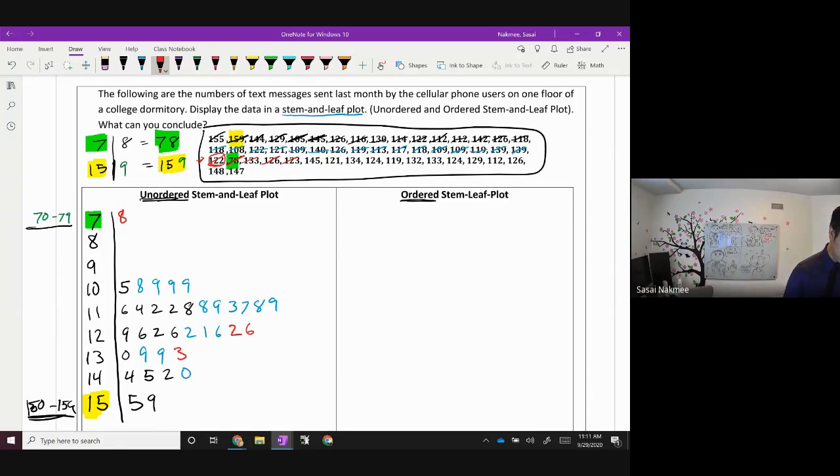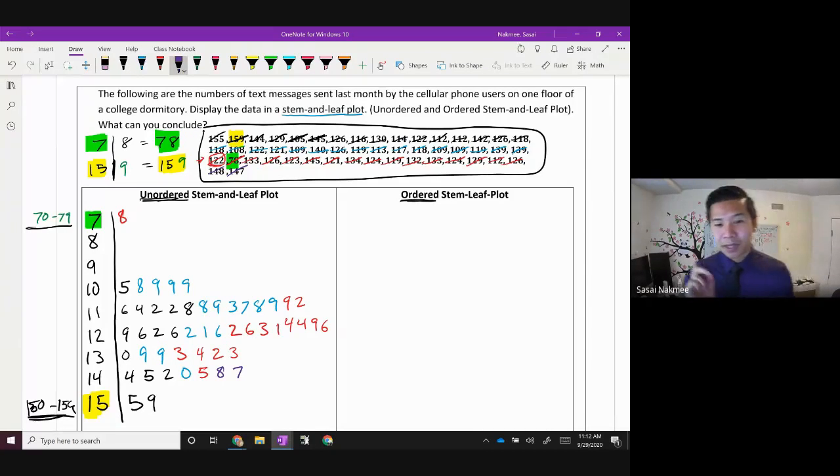So it goes to 120 with a 3 right there. 145 goes to 140 with a 5 right there. 121, 134, 124, 119, 132, 133, 124, 129, 112, 126, and then the last one, we'll do this one in purple, which is going to be 148 and 147.